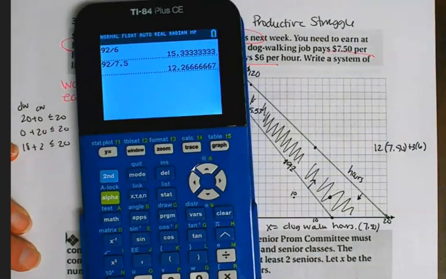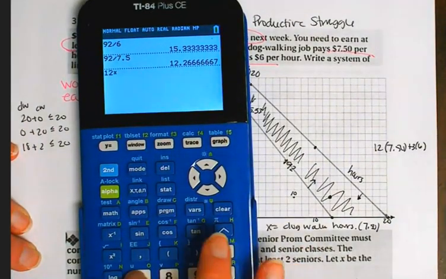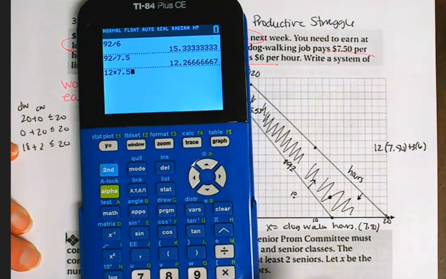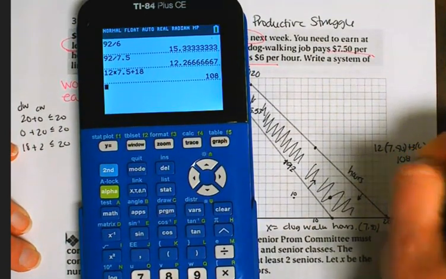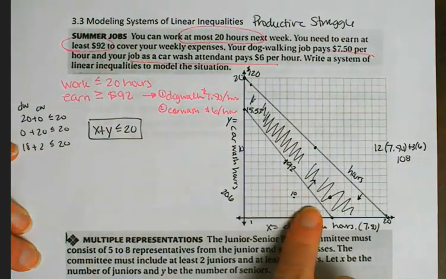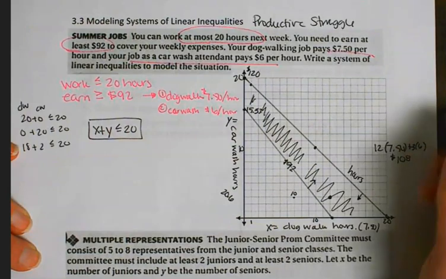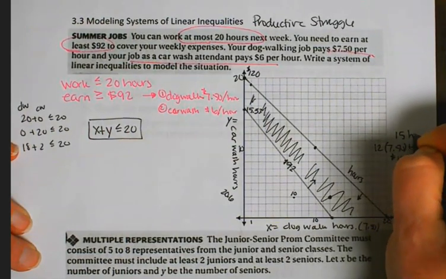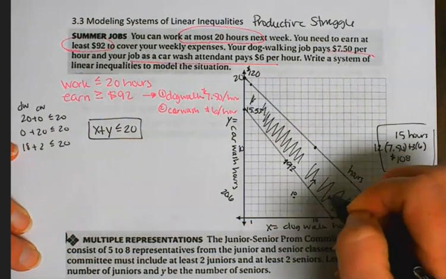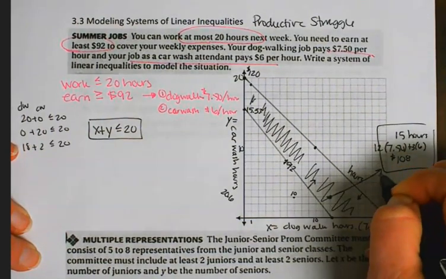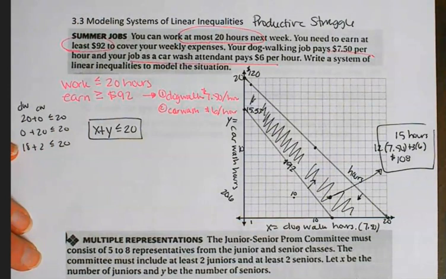I'm going to check that on my calculator. 12 times 7.50 plus 18, 3 times 6, and that's $108. So I only worked 15 hours, but made $108. So that point right here works. And I could do that for any point that's in that range.